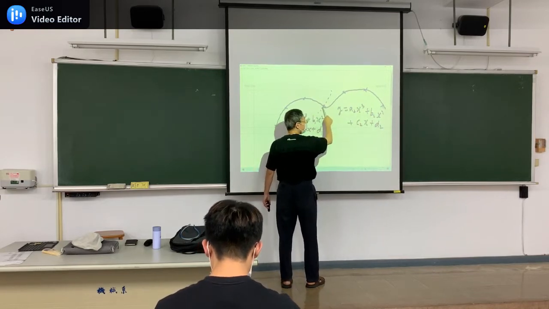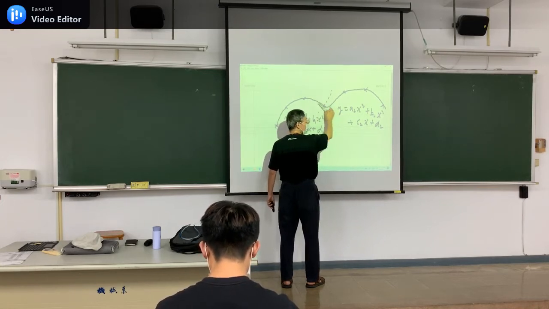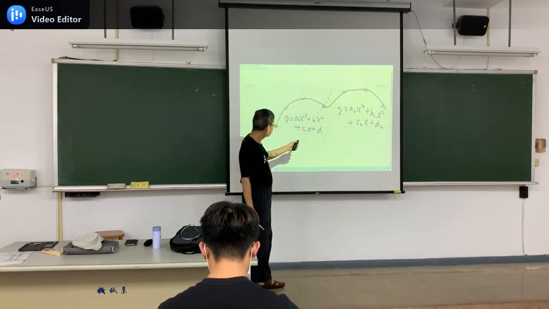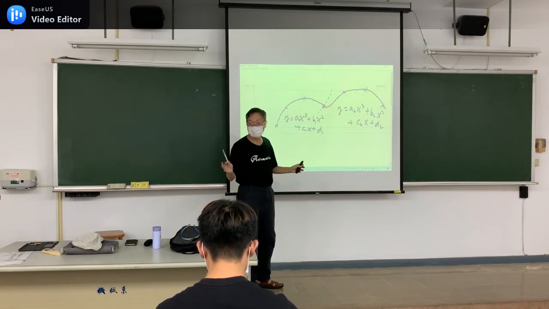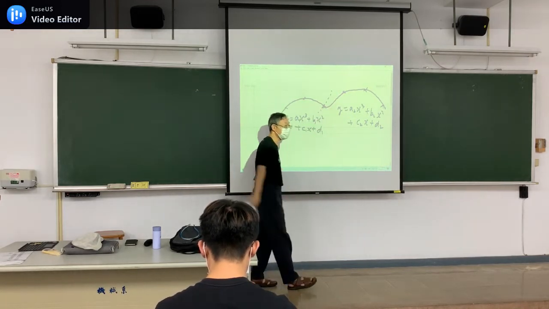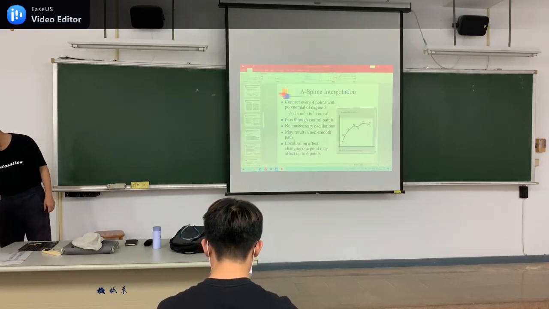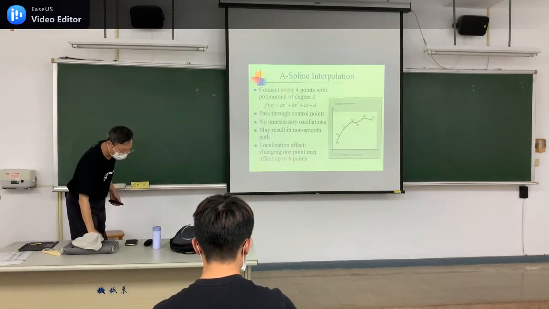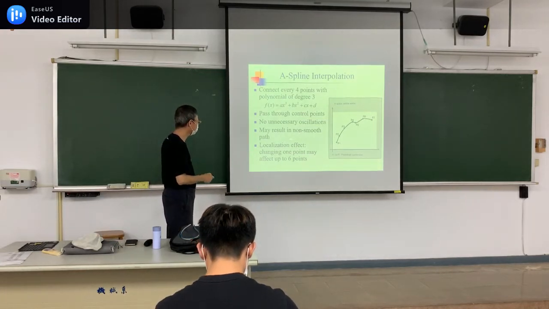So at this junction, the slope may not be the same. In other words, this point may not be smooth. The other parts, they are all smooth. However, at this point, it may not be smooth. So we may have non-smooth phase.